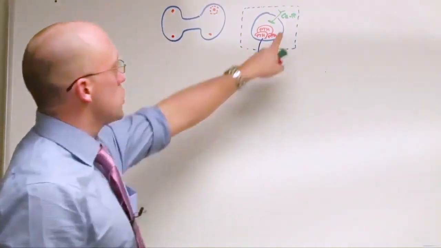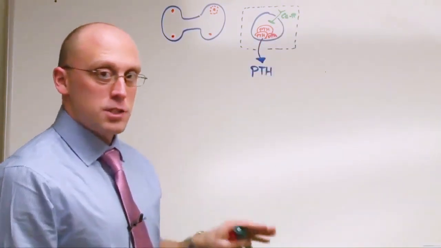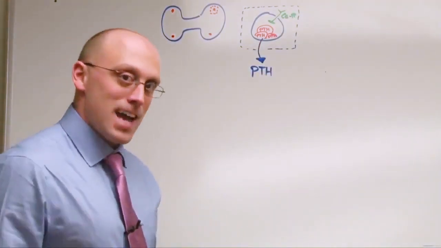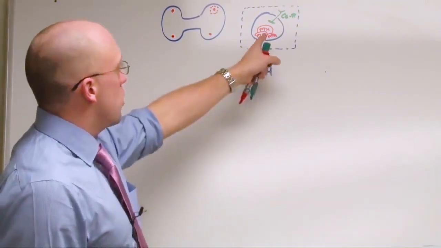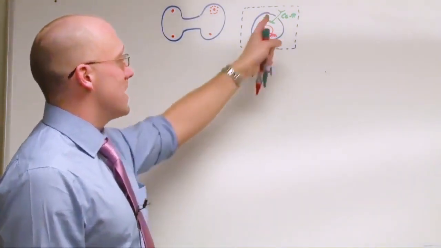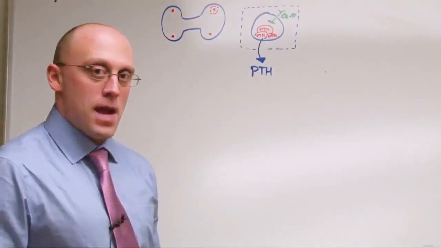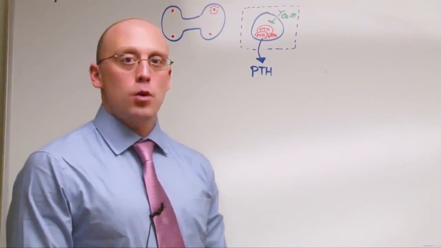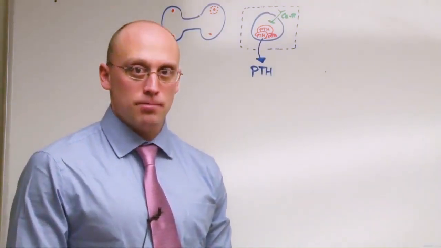If the calcium levels are low, the calcium sensing receptor is not activated and the release of parathyroid hormone is permitted by disinhibition. Parathyroid hormone is the primary way the body manages calcium.